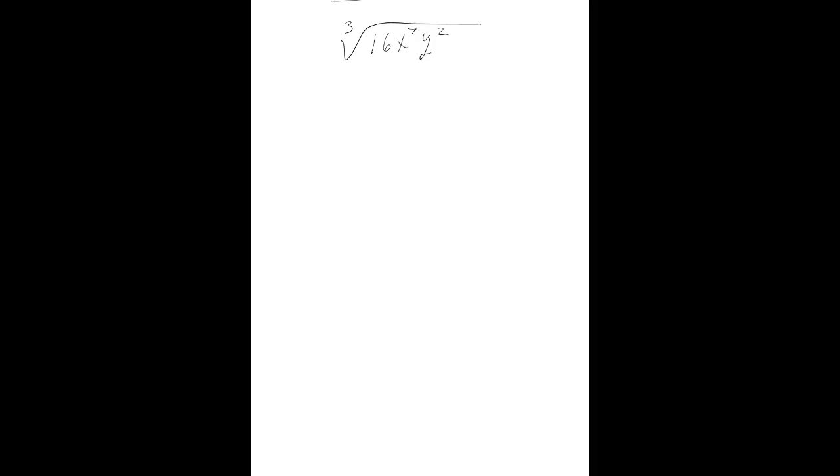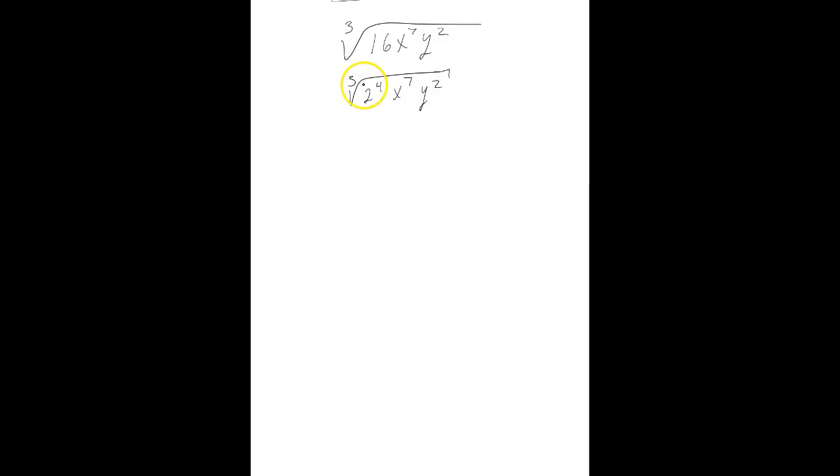Okay, so let's do the same problem again, and I'll show you how to quickly do this without going through the long method. We know the cube root of 16 is 2 to the 4th, which we just figured out, times x to the 7th y squared.